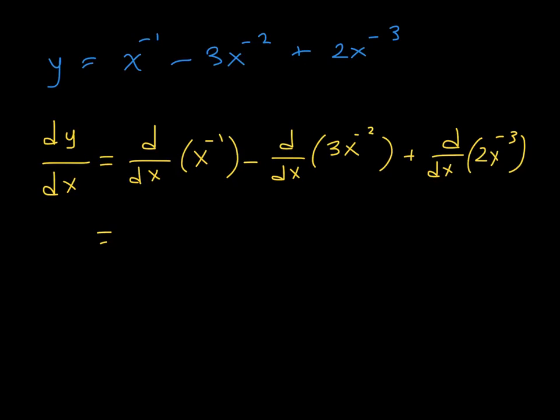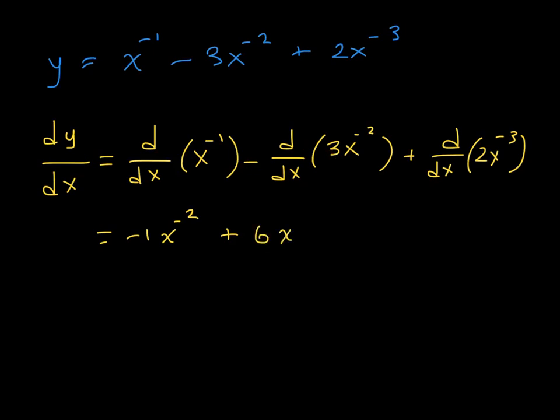So this is negative 1 x to the power of negative 1 minus 1, so that's negative 2. Plus, now I'm changing this sign here to plus because this negative 2 comes down, and 3 times negative 2 is negative 6, but then it's a minus negative 6, so that makes it a positive 6.